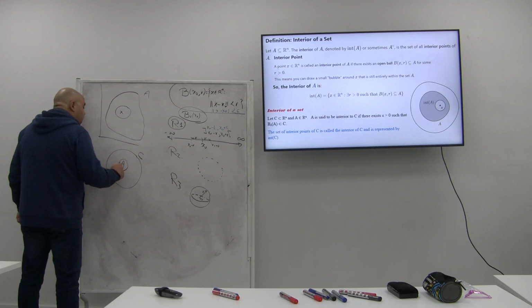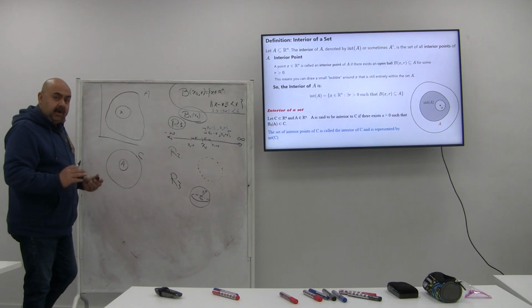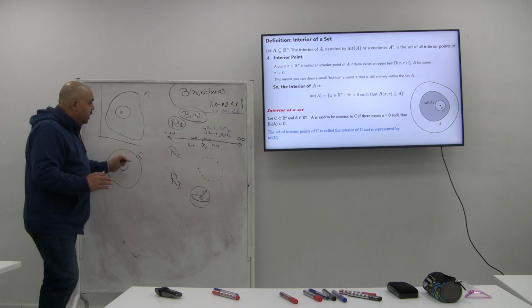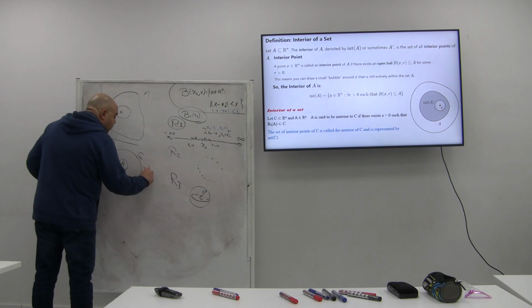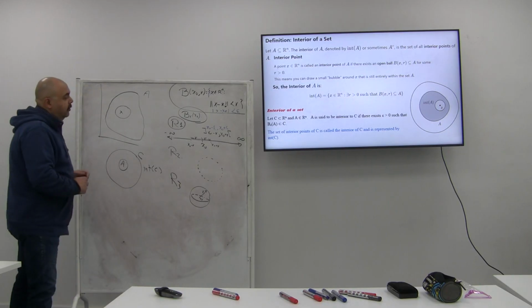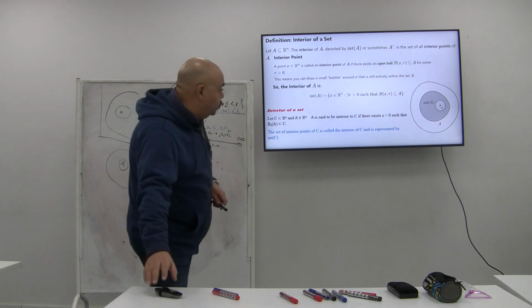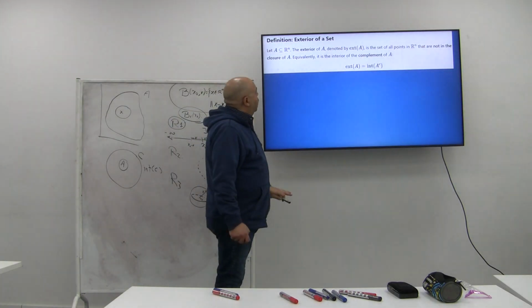We say that A is an interior of C if there is an open ball with r greater than 0 completely inside C, and we usually symbolize it by int C. As I told you, this is the definition of the interior.